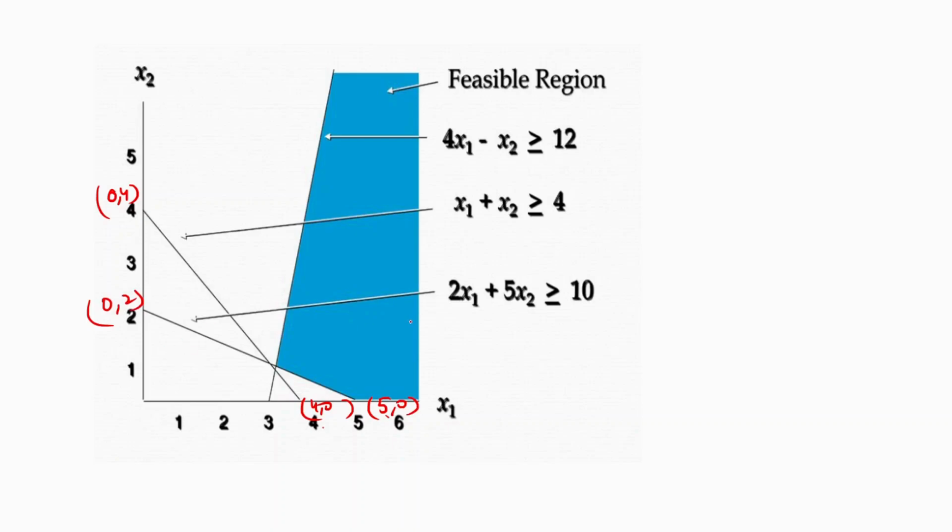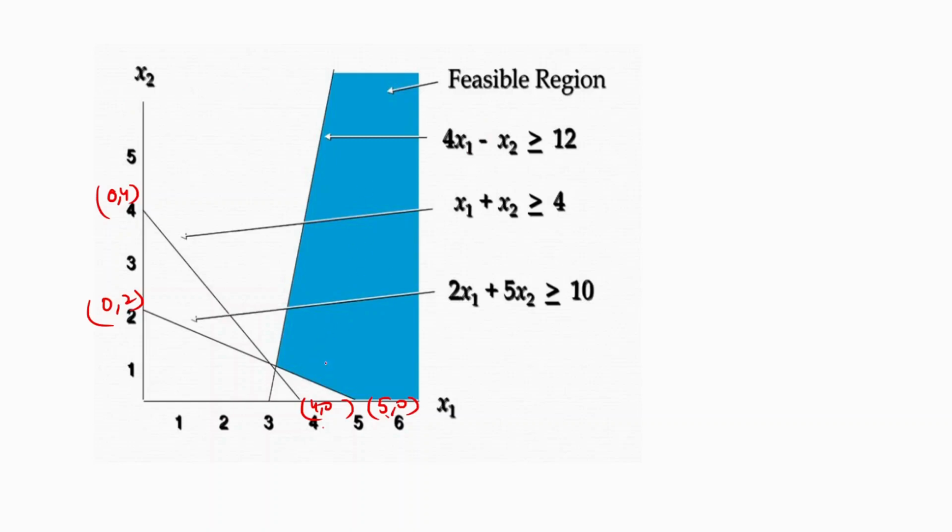So you can see the line. Then at last we have 4x1 minus x2 greater than equal to 12. So you can plot this line as well. So you will see that when x1 is equal to 0, x2 is equal to minus 12. So we'll be plotting it, and x1 is equal to 3. So we can plot it.